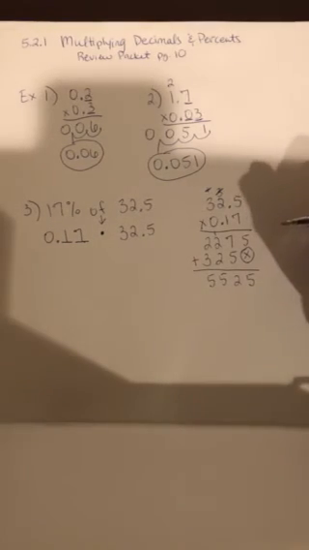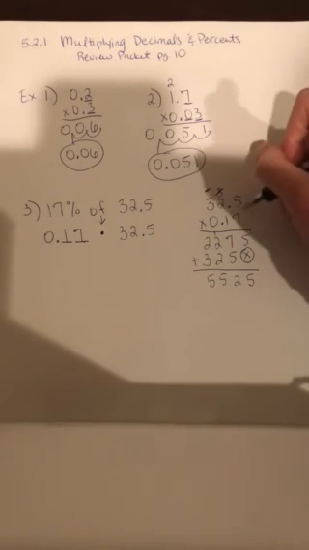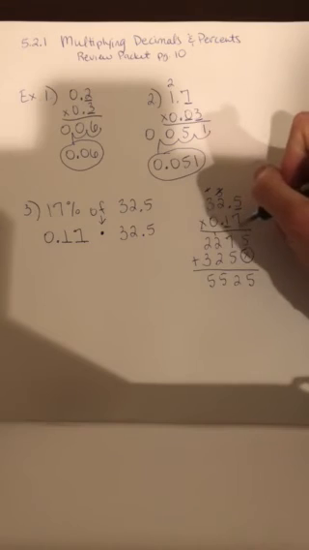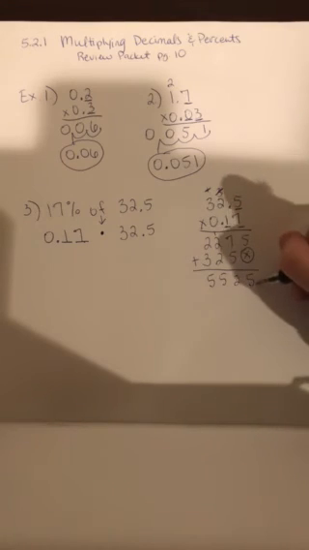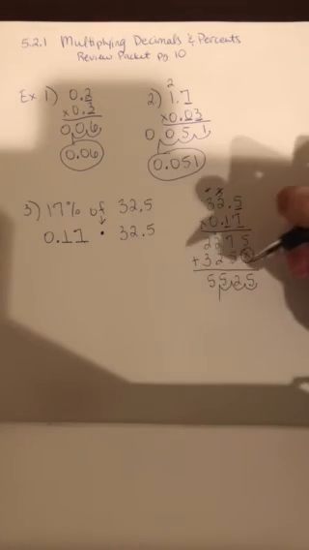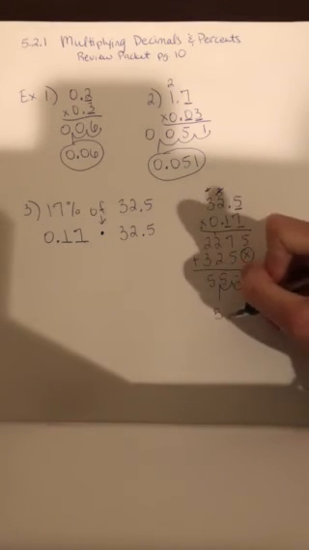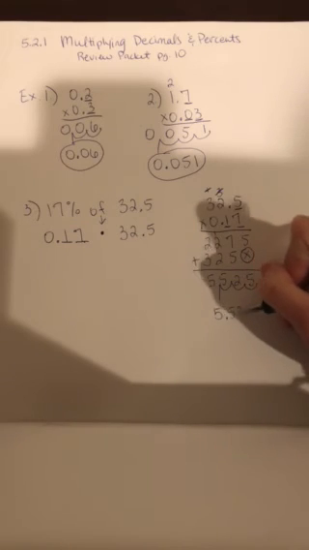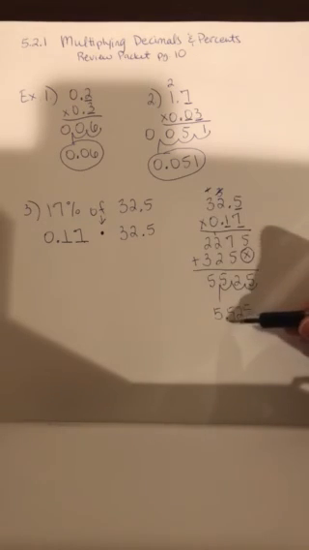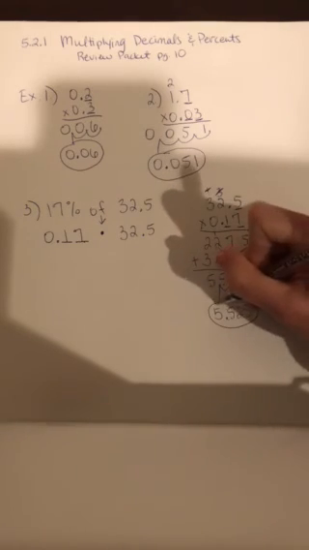Okay, let's count how many places there are to the right of the decimals, both of them. 1, 2, 3. Let's start at the right, move to the left. 1, 2, 3. A tail right there so we know where our decimal landed. 5 and 525 thousandths. That's our result.